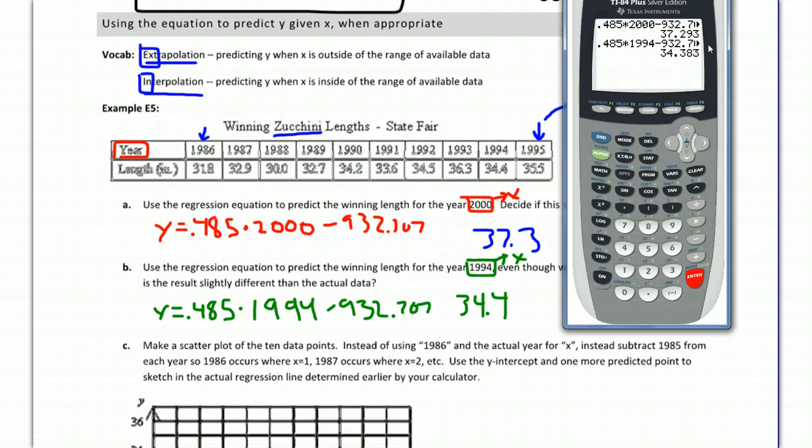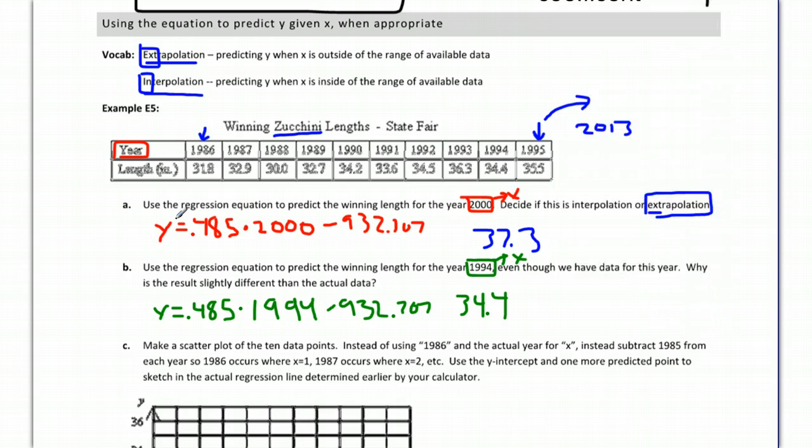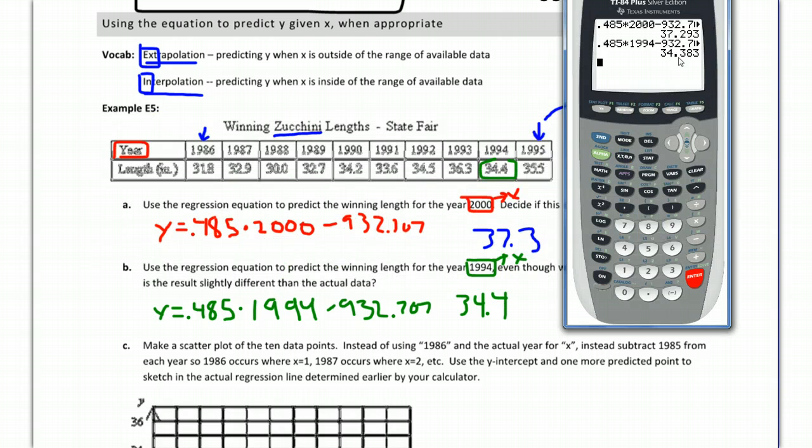If we look at our exact result, we got 34.383. It rounded off to be exactly the same as the length that they measured here, 34.4. So it turns out that our prediction was very, very accurate. But why is it that we had a little bit of this rounding error, 0.383? That's not exactly 0.4. How could that happen?